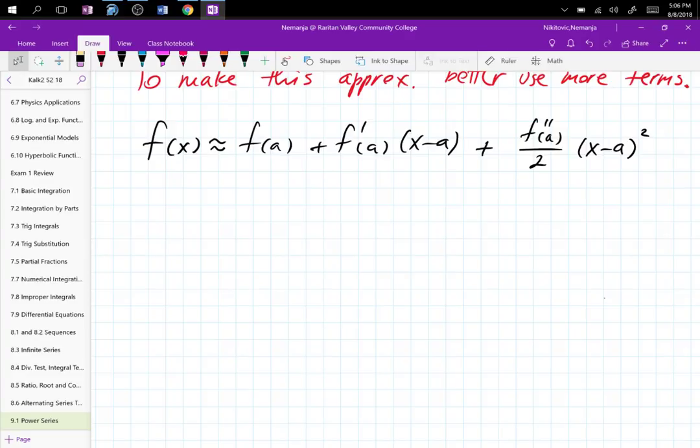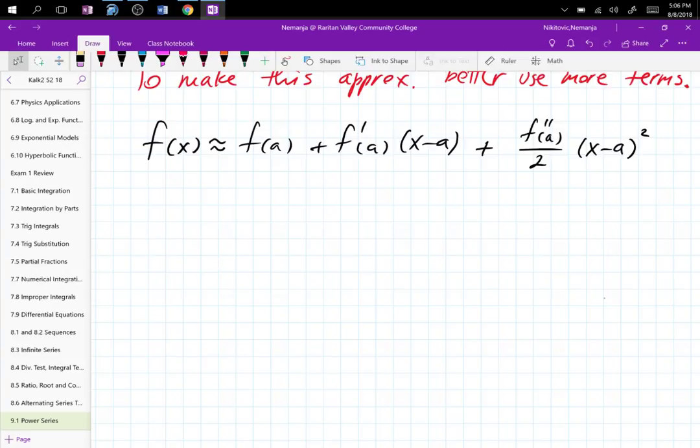And when you're out of that interval, the function and the approximation are going to diverge from one another. So if you try to compute at a point that is very far from the center at which you are looking for the power series, your results are going to be abysmally bad. So the center for the power series is very important, and it always needs to be close to the values that you want to compute. Then you know that you are getting good answers.